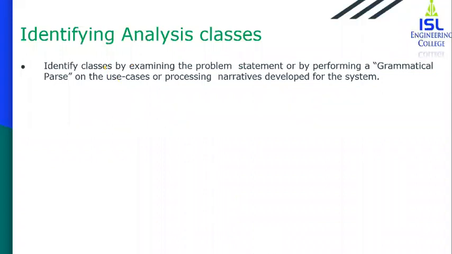The first one is identifying the analysis classes. Identifying the analysis classes means how you're going to identify the different classes. To do this, we perform a grammatical parse. In the previous classes, when converting the DFD diagrams from level 0 to level 1, we performed a grammatical parse upon the narrative.